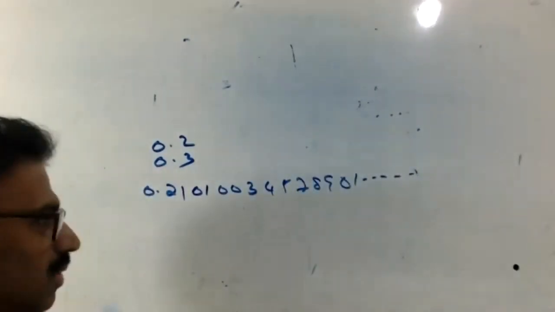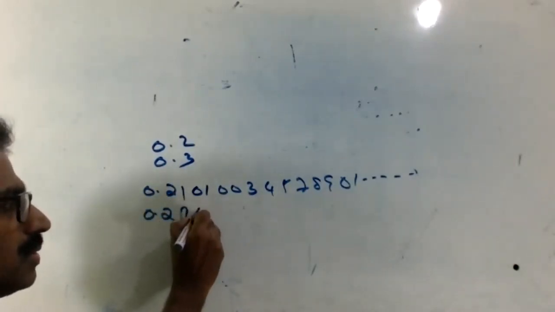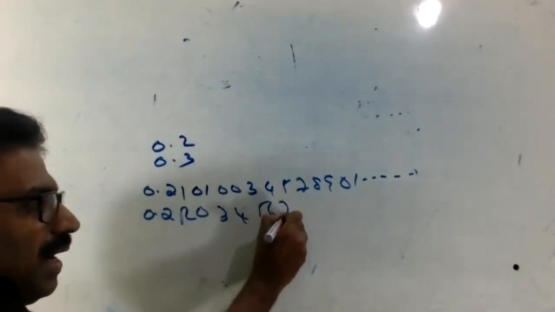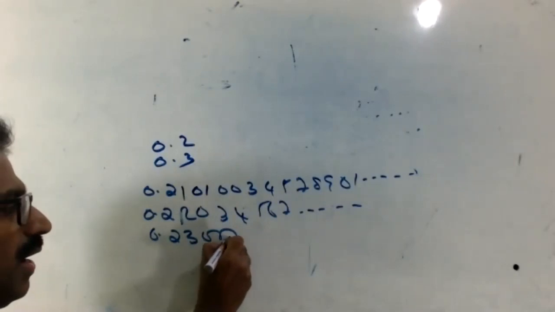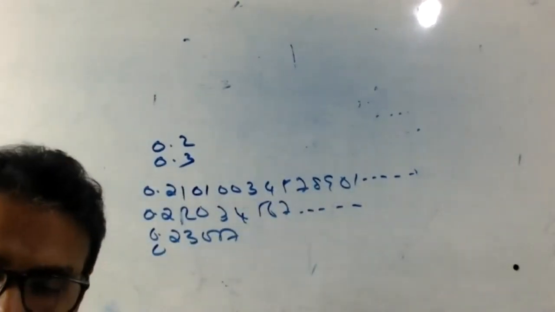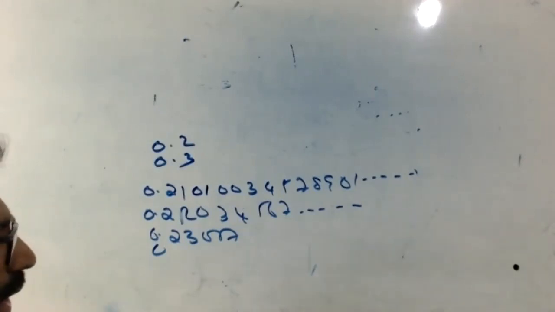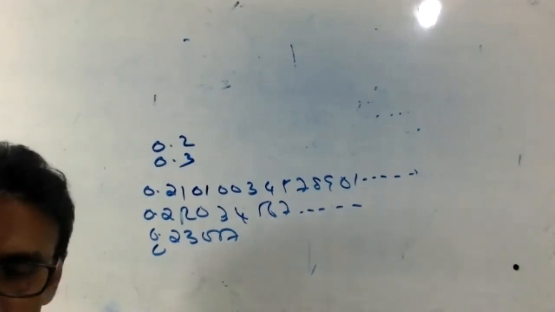No need for 0 also. Next number 0.22, 0.23, 0.24, 0.25, 0.26. I'm just writing. Next number 0.3001, like that. Next 0.256, etc. 0.2931, like that you can write as you wish.